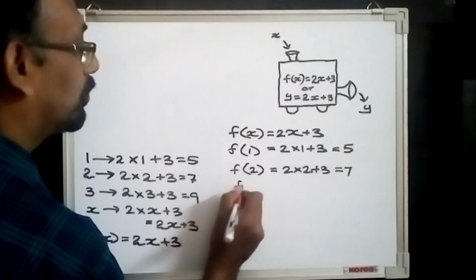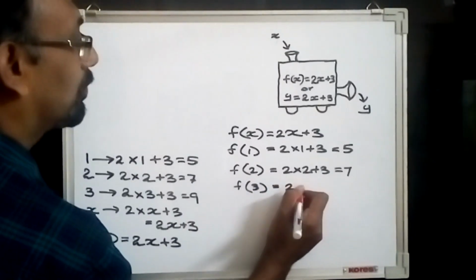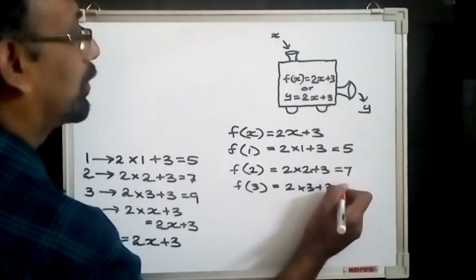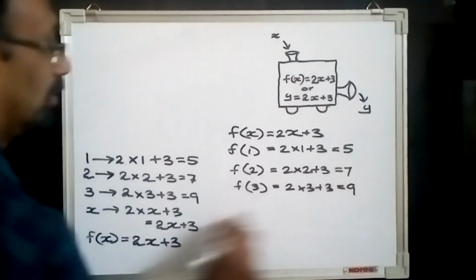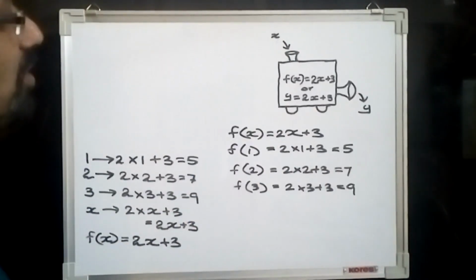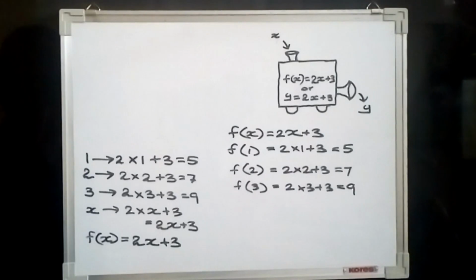And when x equal to 3, f of 3 equal to 2 into 3 plus 3 equal to 9. Thus, we have summarized the function of the machine in mathematical language as f of x equal to 2x plus 3. The main use of mathematics is that anything can be explained shortly in a language called mathematical language.